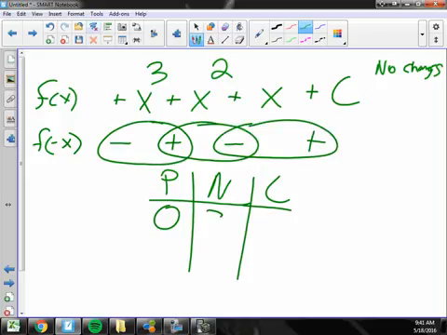So this is 3. So the chart would be 0, 3, 0, or 0, 1, 2. So f of x must have at least one negative real number among its zeros. True. Now what if this was an x to the fourth, and that was a 4?